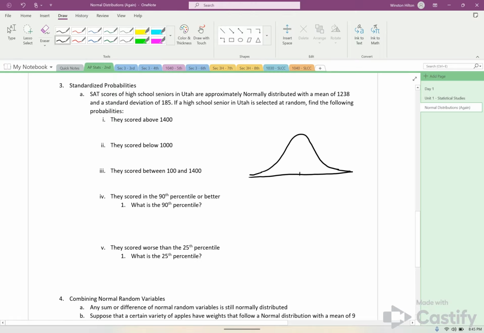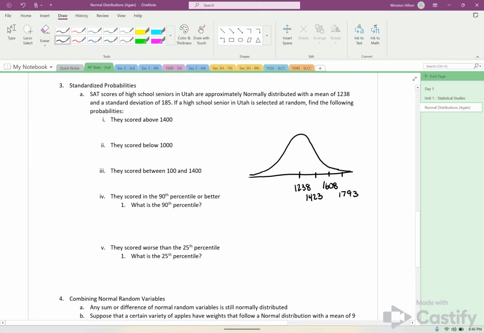The center of our distribution is 1,238. One standard deviation above that would be 1,238 plus 185, so 1,423. One standard deviation above that, 1,608. And one above that, 1,793.